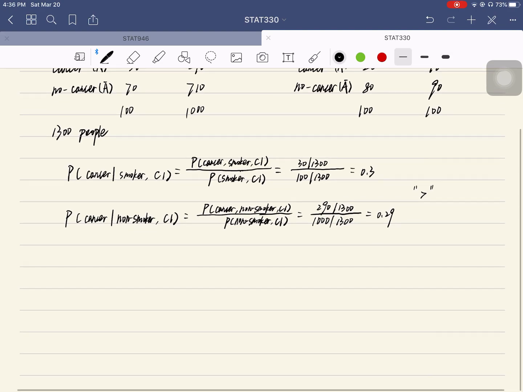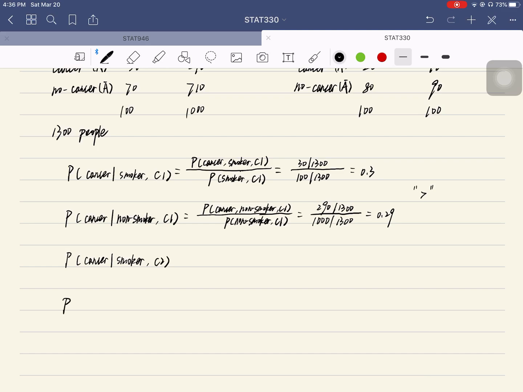So let's see similarly what happens in country 2. We first look at the probability of cancer given smoker in country 2 and the probability of cancer given it is not a smoker in country 2.